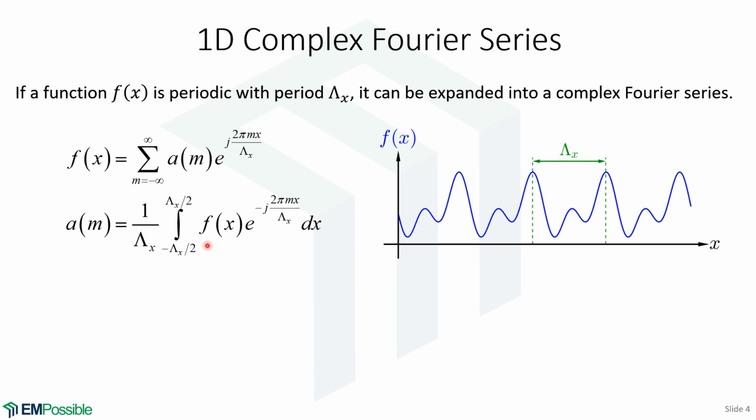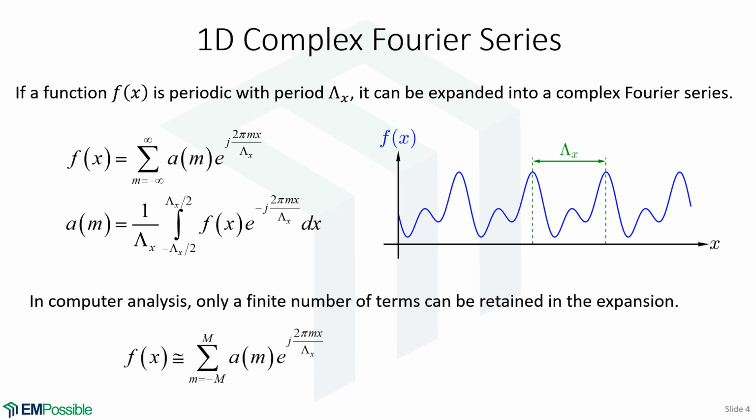Essentially, this is weighing the original function against these complex exponentials and figuring out how much of those sines and cosines are in that periodic function, and letting us know in this amplitude coefficient. Notice we're only integrating over one period. So we integrate over one period, we divide by that period, and we get those amplitude coefficients.